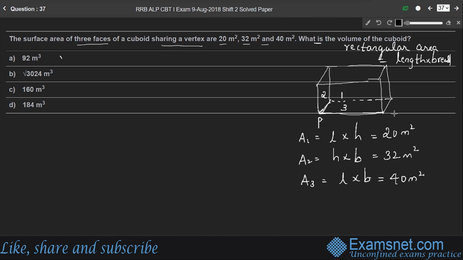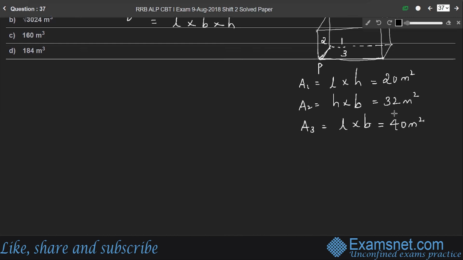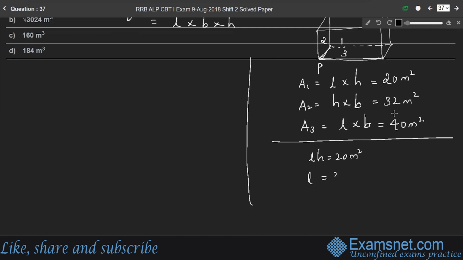The volume of a cuboid is the product of its length, breadth and height, so first we need to find length, breadth and height. Here L into H is 20 meters square. Therefore, length is equal to 20 by H.